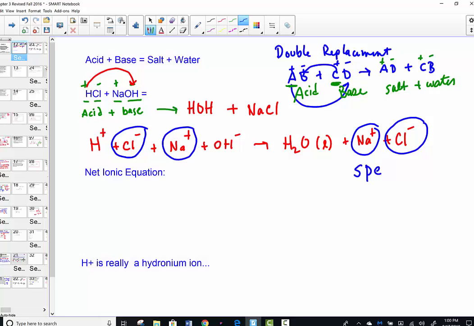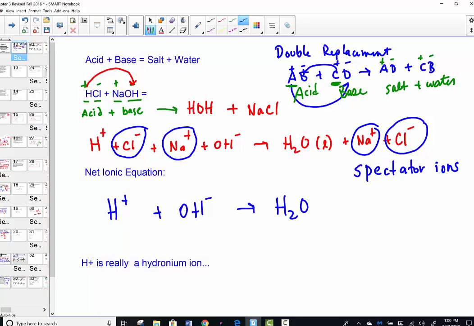We had a term for that. They're called spectator ions. To write the net ionic equation, we eliminate those spectators and simply write the actual chemical change where hydrogen and hydroxide combine to form water.